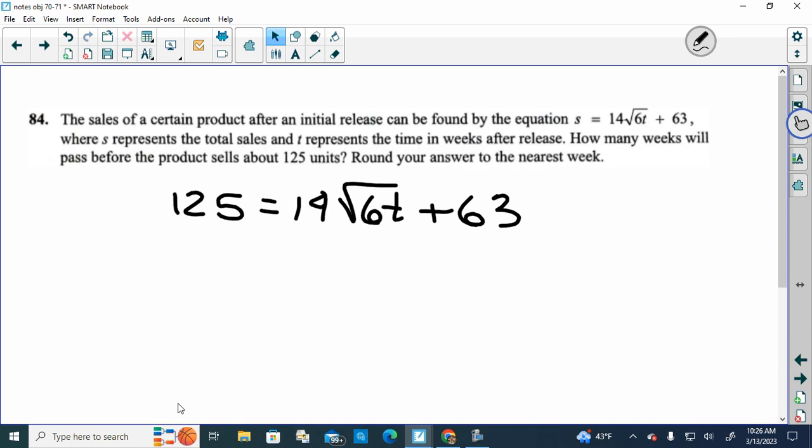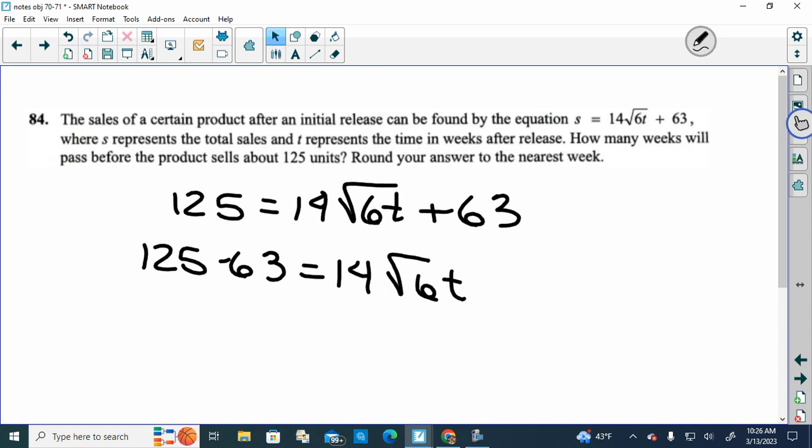What do you think our first step is? Subtract the 63. So you're actually going to go 125 minus 63 to get that number. What'd you get? 125 minus 63. Got what? 62.